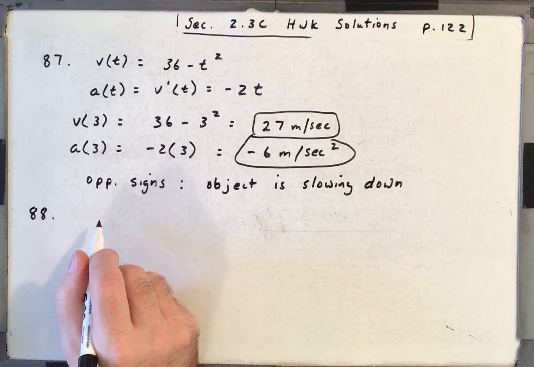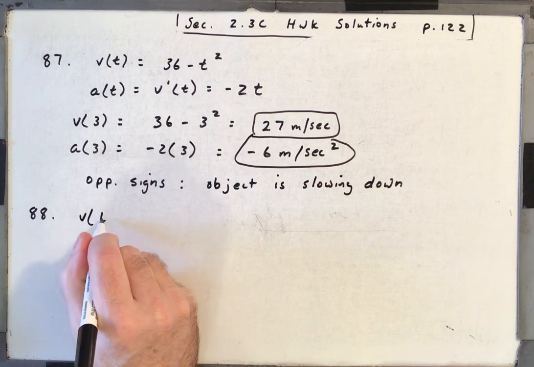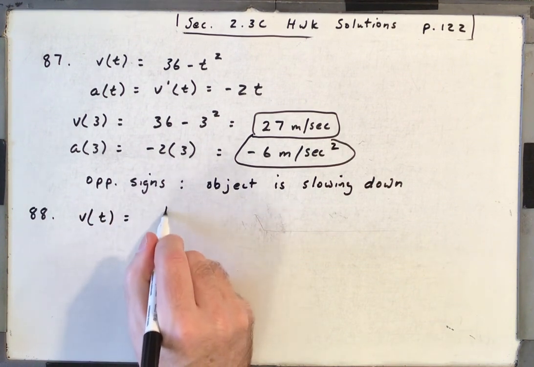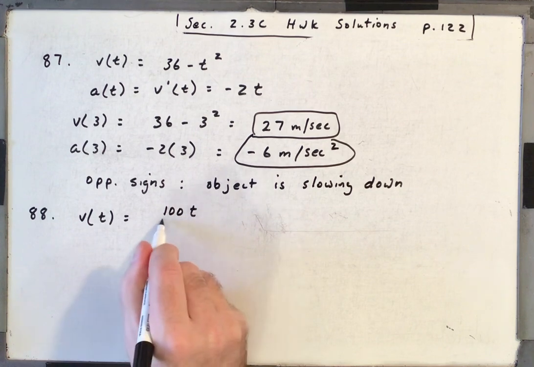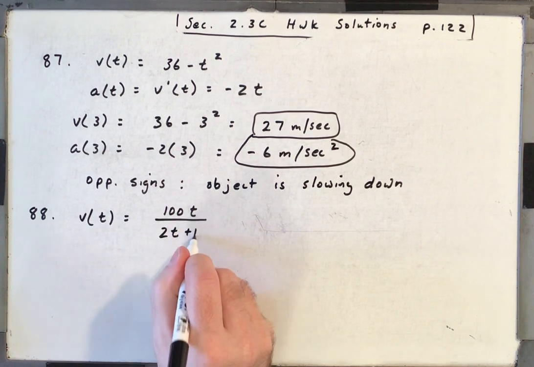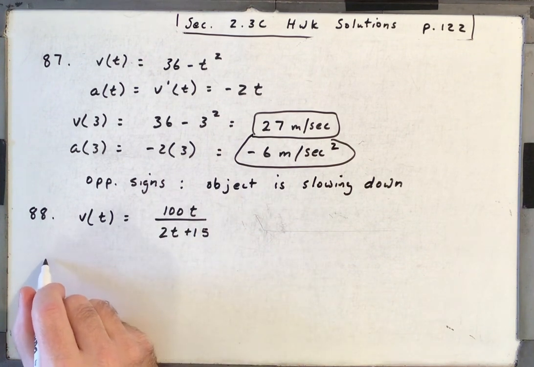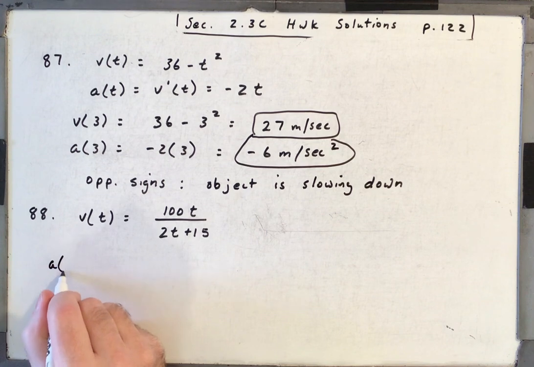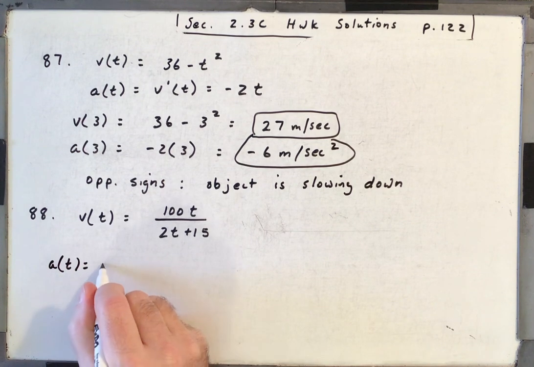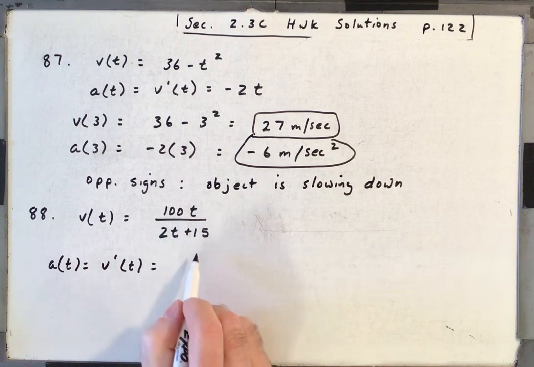So 88, an automobile's velocity starts from rest, and that velocity is 100t over 2t plus 15. Find the acceleration, and there are 3 different times. So acceleration is the derivative of velocity. So let's do the quotient rule.